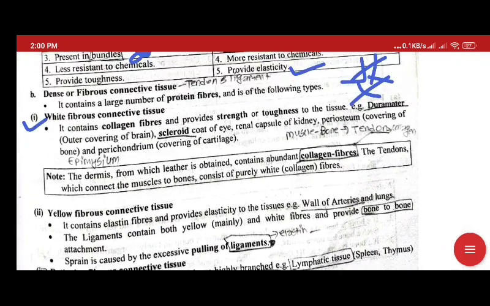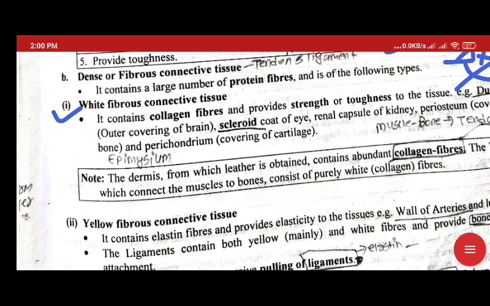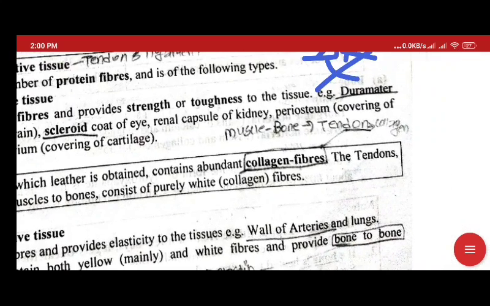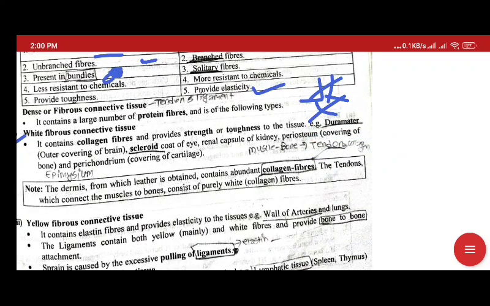Now we should remember some examples. In white fibers we already know that tendons and collagen connect bone and muscle. Its examples are important. Here the example is duramen of the brain.